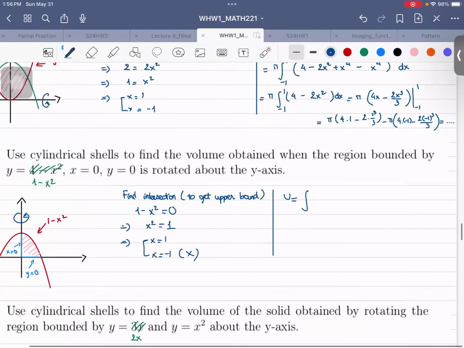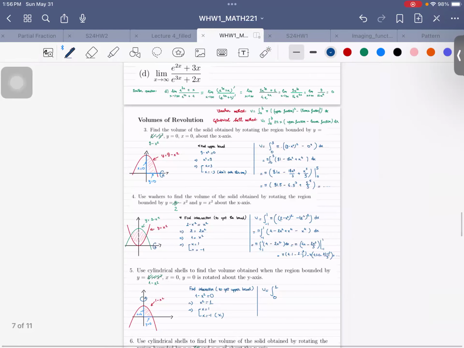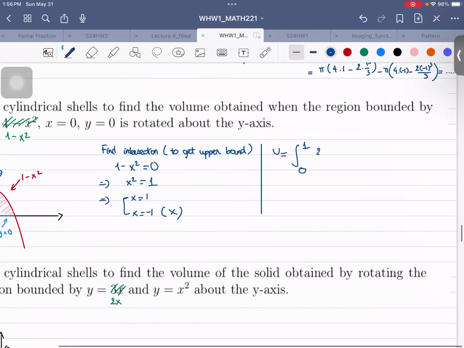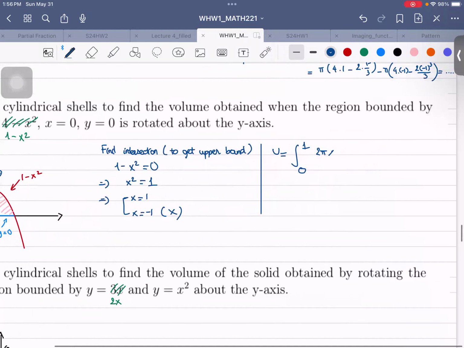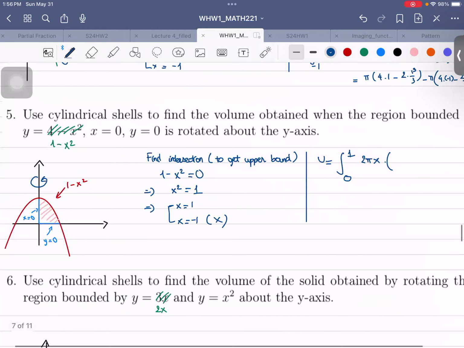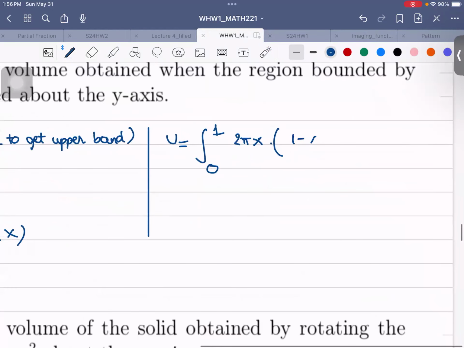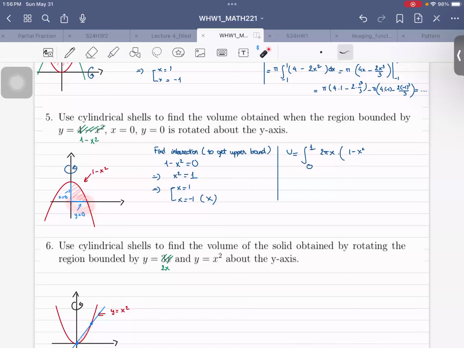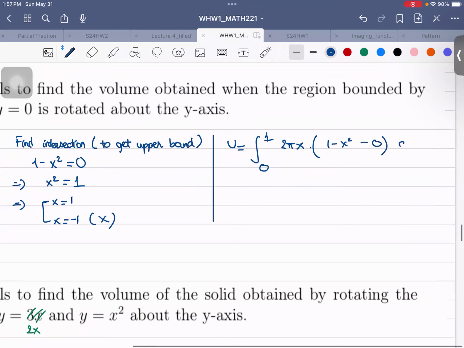So you have the integral from 0 to 1 of 2 pi times x times the upper function, 1 minus x squared, subtract the lower function, which is 0.